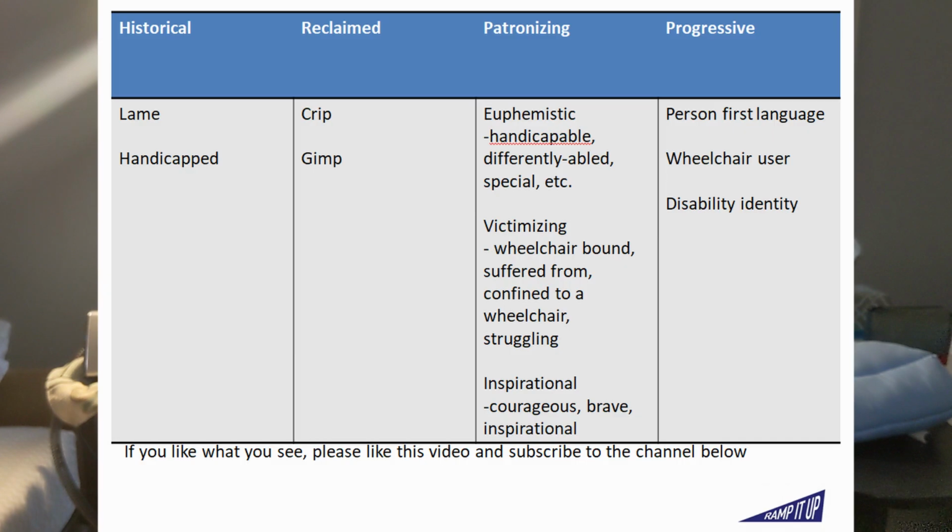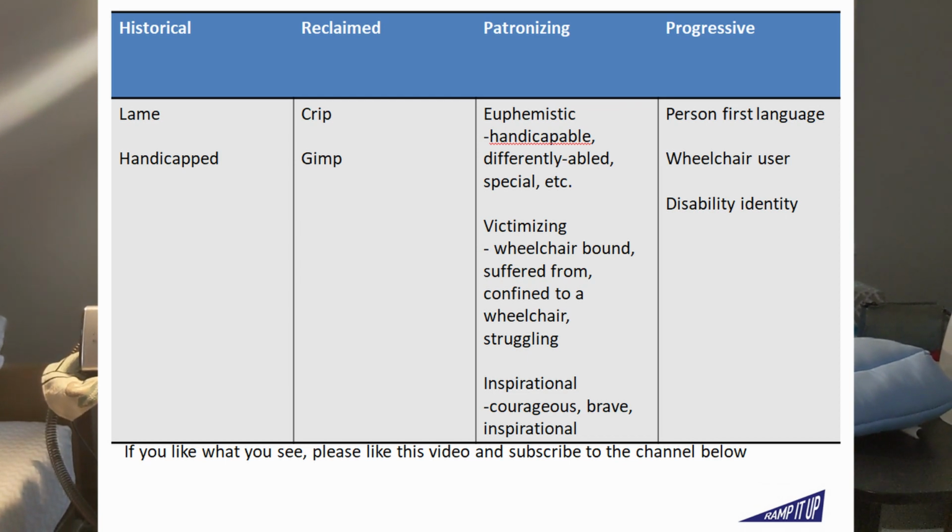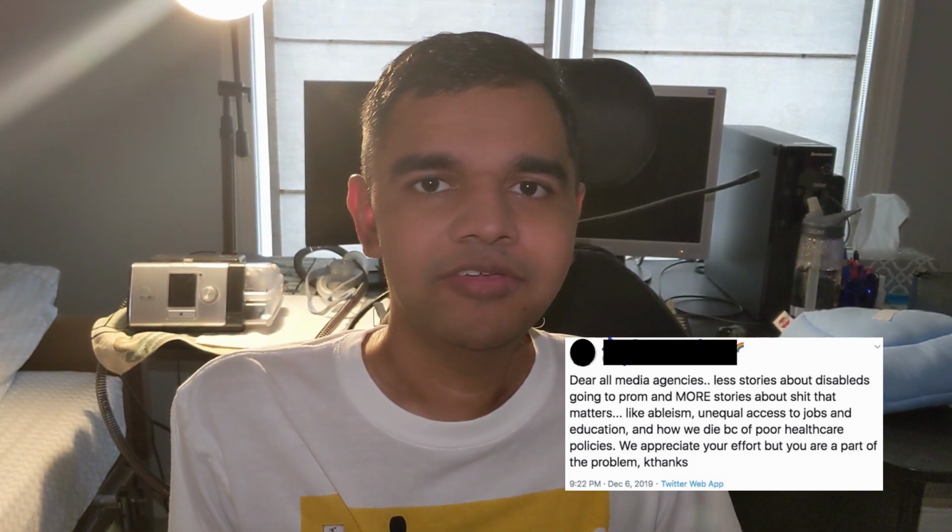Inspirational language includes phrases like brave or courageous. The disability community has issue with this type of terminology because they don't feel as though just living their everyday lives is anything to be celebrated or anything that's special. But the fact is, everything is an uphill climb for people with disabilities.